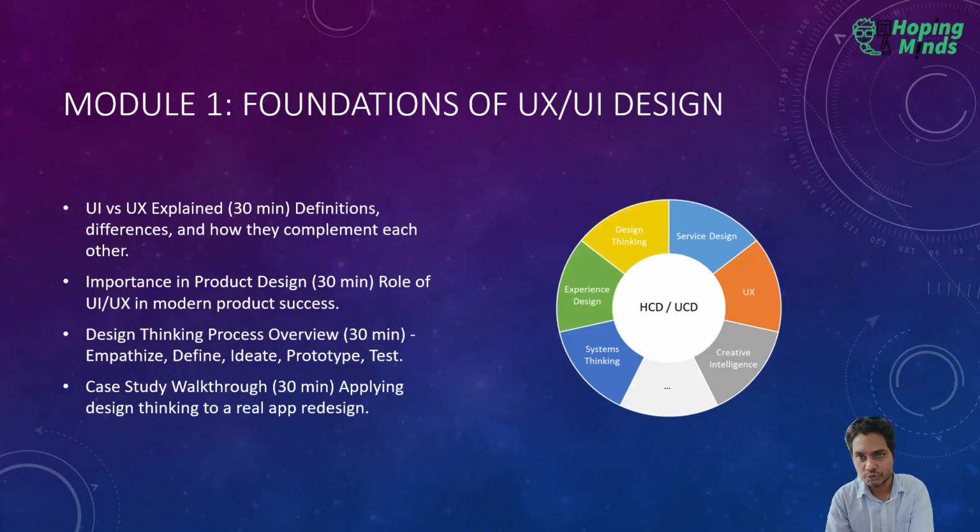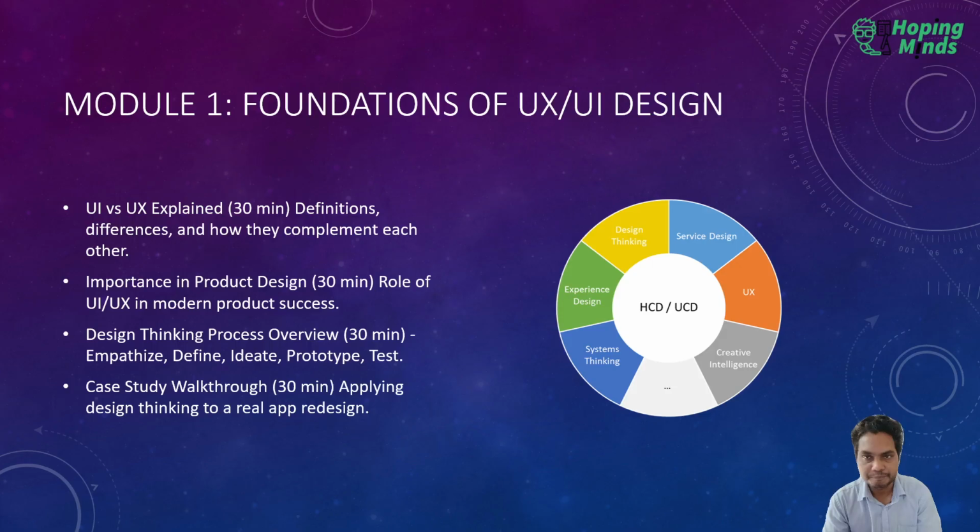UI is part of UX, so UX you can put it in a larger circle, and UI is part of it, and then we have visual elements, visual design, which is also part of UX. So first comes UX, then UI, and then visual design.